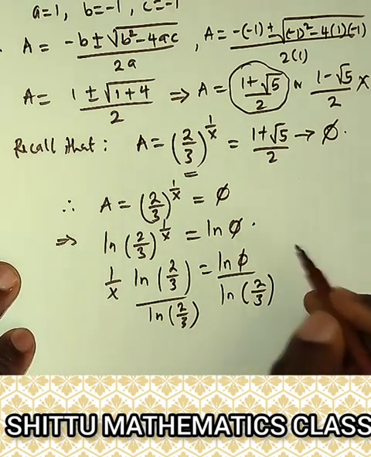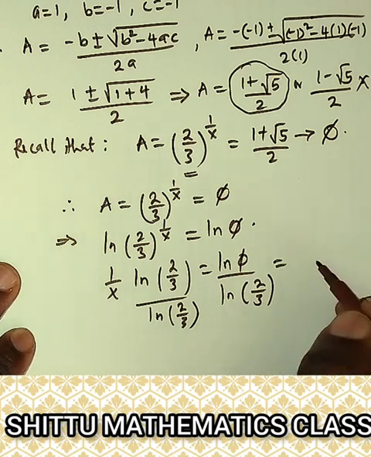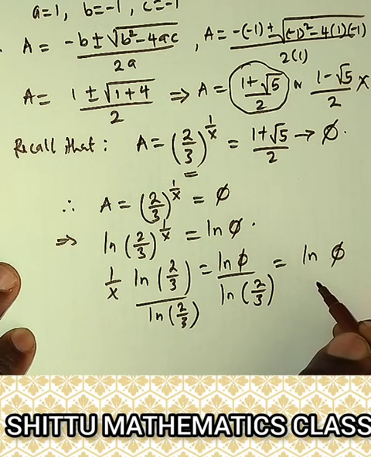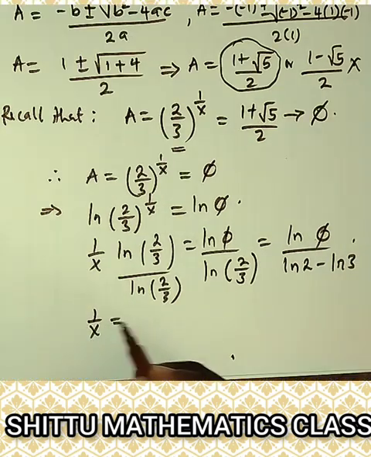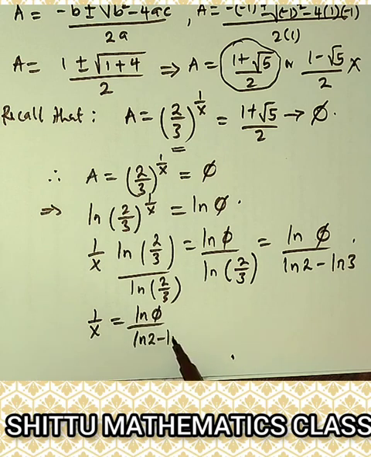Is that understood? So this can be written as ln phi over ln 2 minus ln 3. So we have 1 over x equals ln phi over ln 2 minus ln 3.